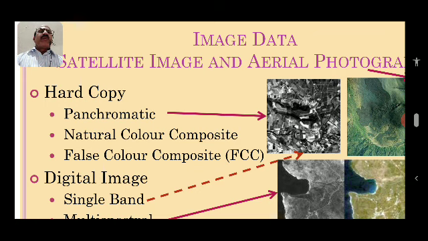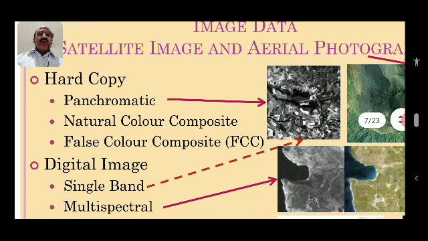Then the second one is the natural color composite. Basically it's a combination of what? Three colors. So you have primary colors like blue, green, red, and it is displayed with the help of the color scheme, that is RGB, red, green, blue.